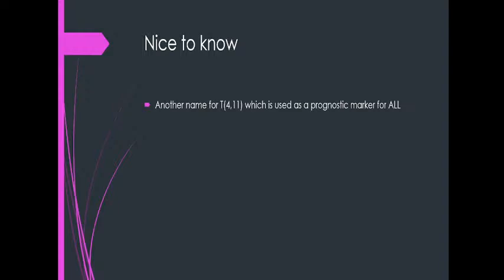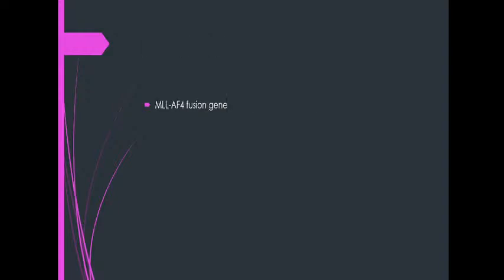Parang feeling ko mahirapan kayong hanapin ang other name niya. Because it's what? It's MLL-AF4 fusion gene. Diba ang haba ng other name niya? Grabe naman. Translocation 4;11 na lang ang tawag sa kanya, kasi yan yung complete cytogenetic name.